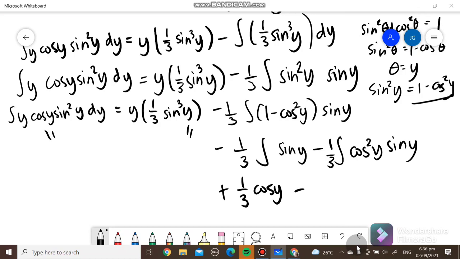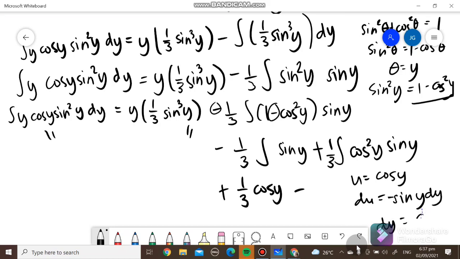And in this part, we set u as cosine y, du is equal to negative sine y. So, it should become positive since there is a negative. The value of our dy is equal to du all over negative sine y.